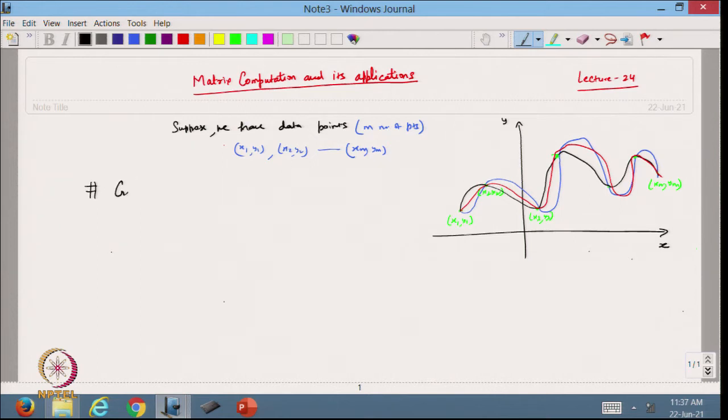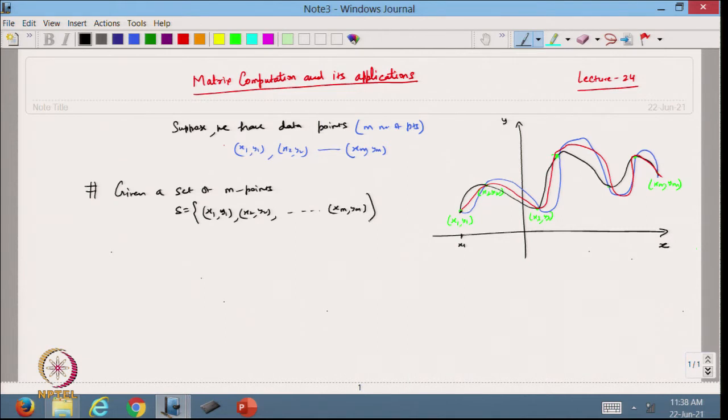Given a set of m points, I take the set S as the points given to me: x1 y1, where this is the corresponding x1 and this is the point y1, then x2 y2, and so on up to xm ym.